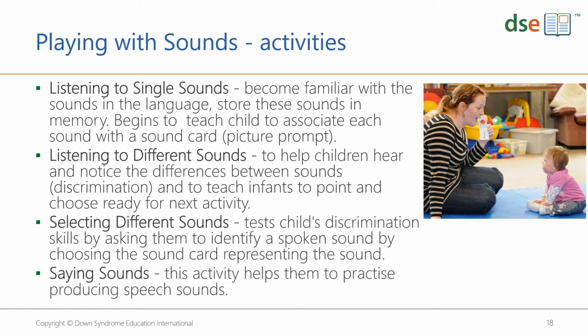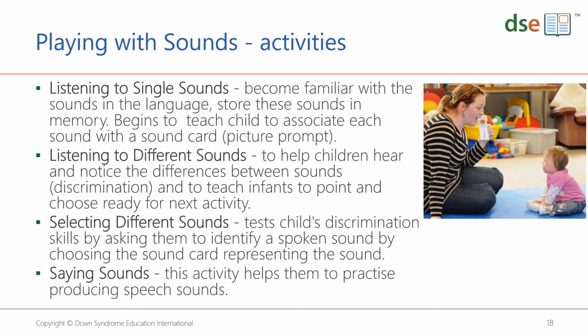And then, of course, the final issue is we want them to be able to say all these sounds. They will start to copy a number of these sounds while you're doing the earlier activities. But the 4th activity is to go through and actually assess their ability to say the sound when they see the card, and for you to have a list of the sounds they are beginning to master. And I've said already, they won't get them all at once.